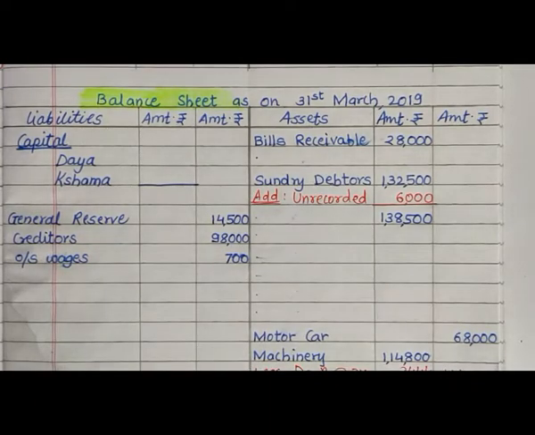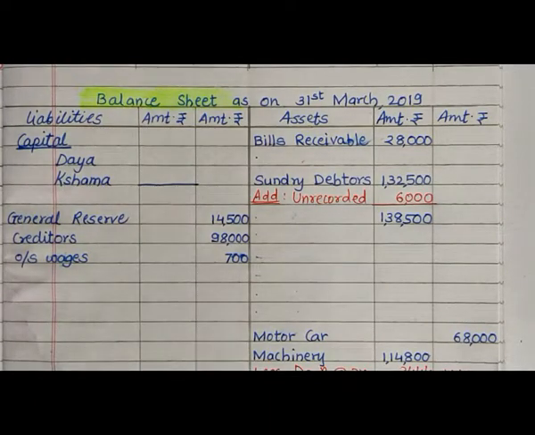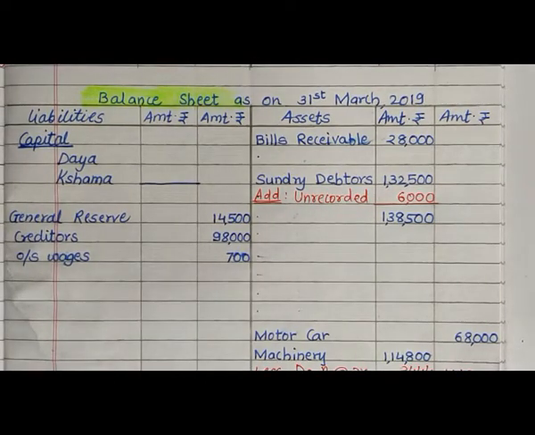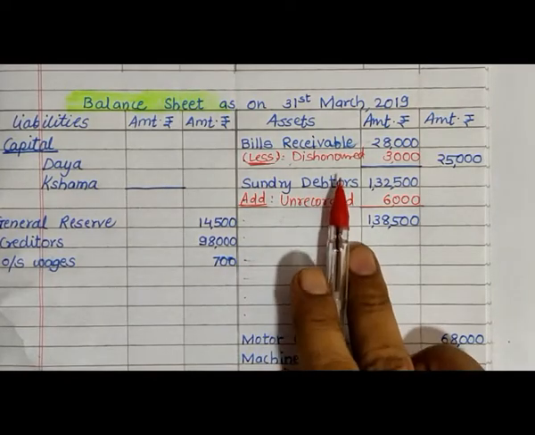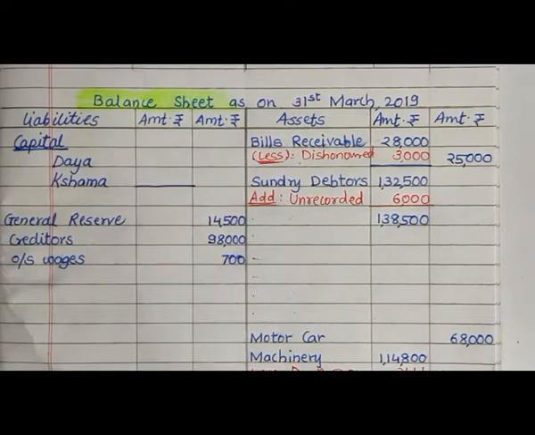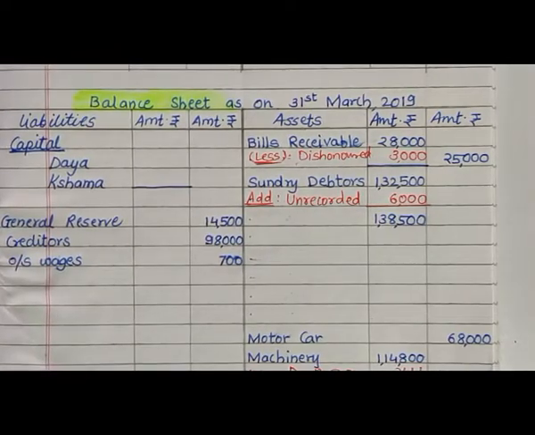Let us solve the next adjustment on debtors, which is bill receivable dishonored. As the bill is dishonored, we will deduct the bill amount from total bills receivable. And we will add the amount of bill receivable dishonored to debtors.